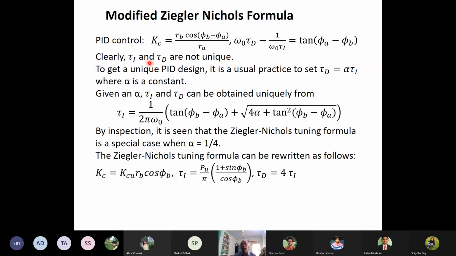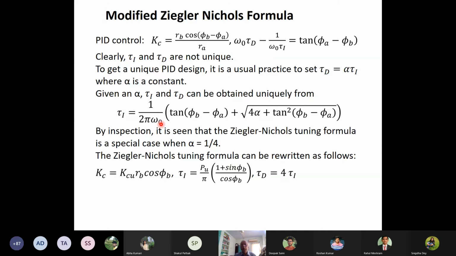So clearly tau I and tau d are not unique when you are using a PID controller. To get a unique PID design, we have to use a parameter alpha. We use the relationship tau d is equal to alpha tau I. If I use this relationship, then we'll have unique parameters of tau I and tau d.